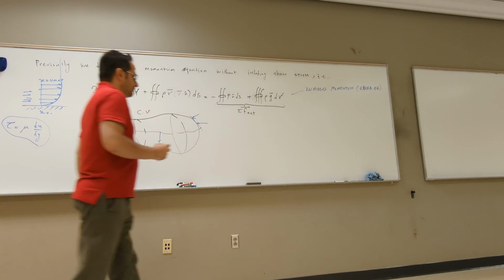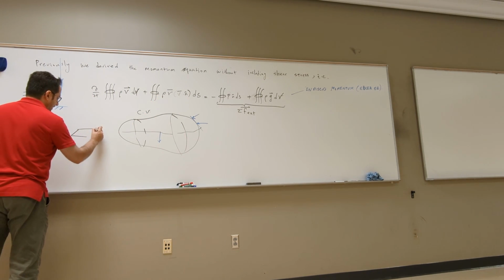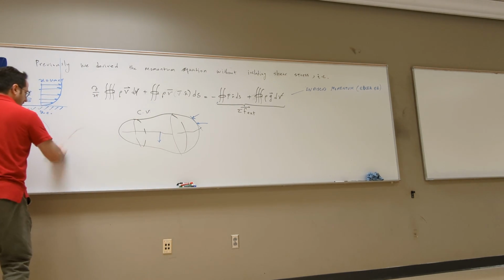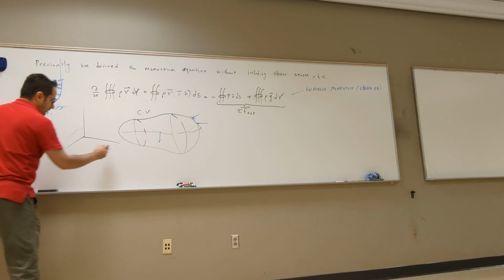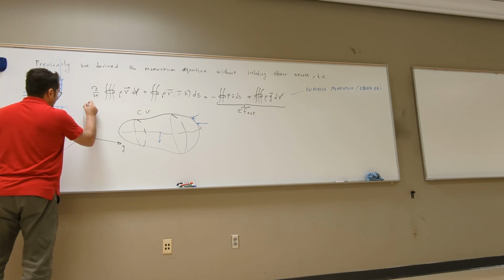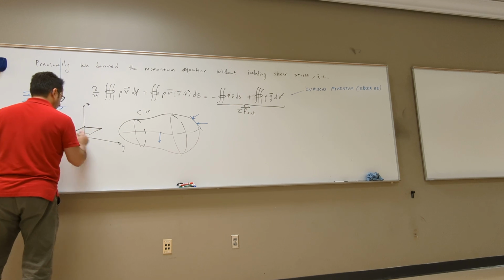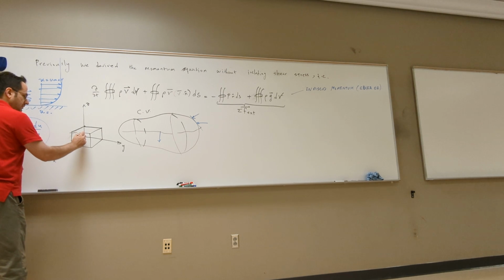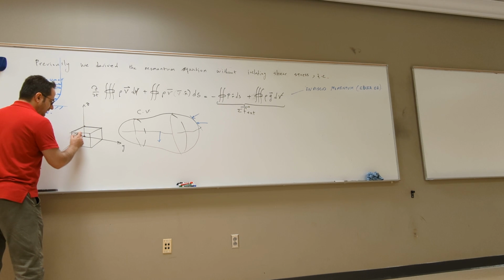So what I'm going to do, I'm going to take a small Cartesian element in 3D space. So let's do the XYZ coordinate, X, Y, Z. And this is your element. Here we go. So at every face of this element, you have 3 shear stresses.